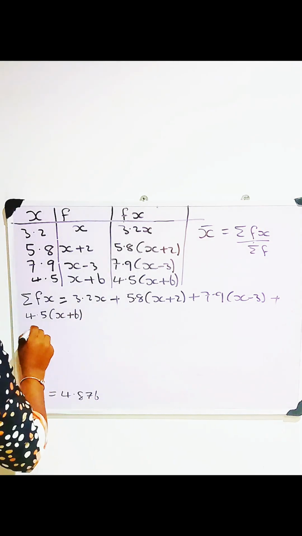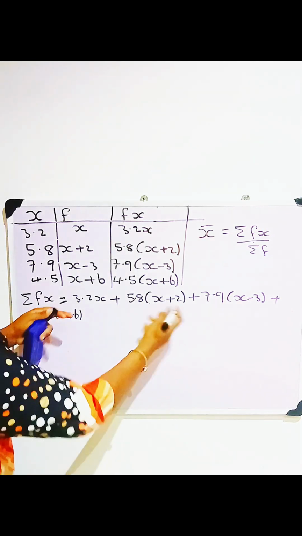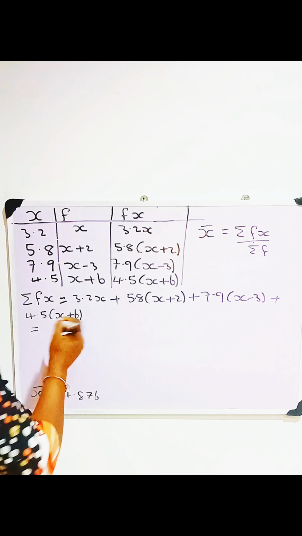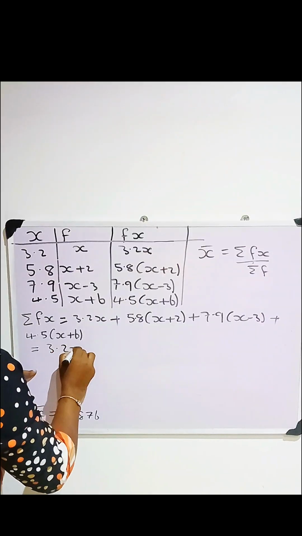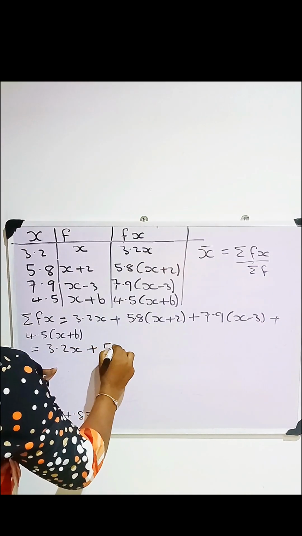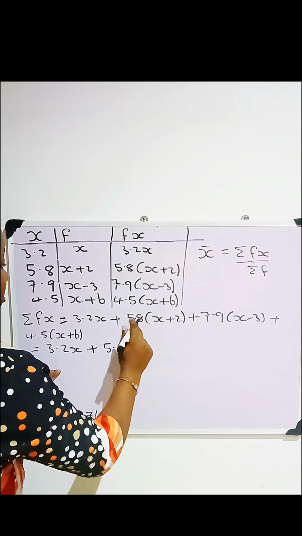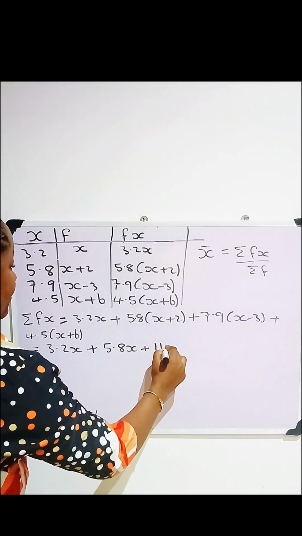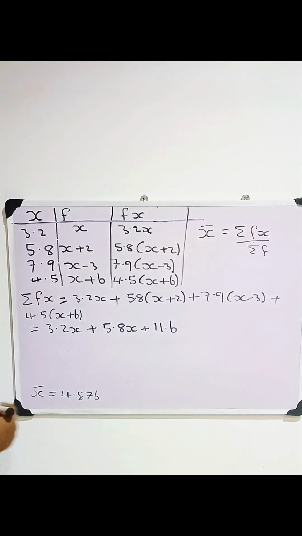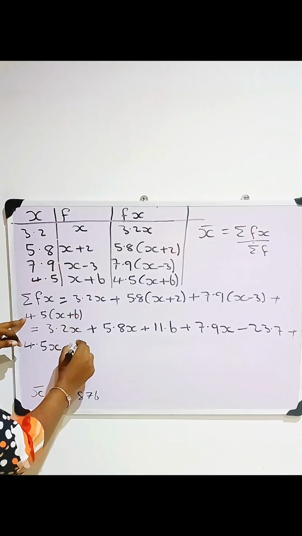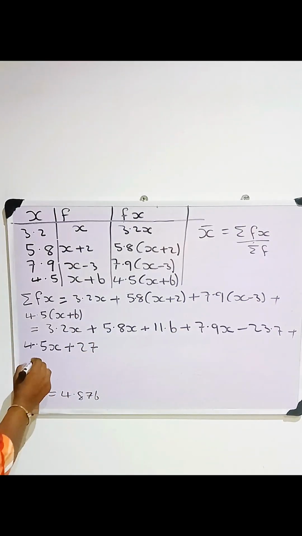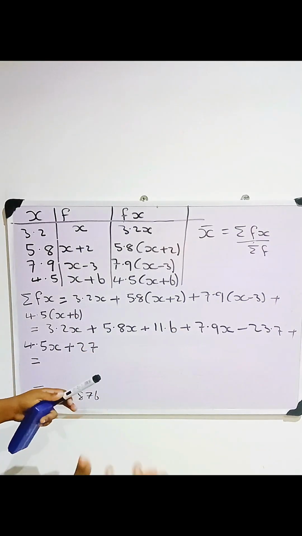Remember, we're looking for our sum of fx. So let's expand and then take the like terms. This is 3.2x plus 5.8x plus 5.8 times 2, which is 11.6. This times this will be what? 27.